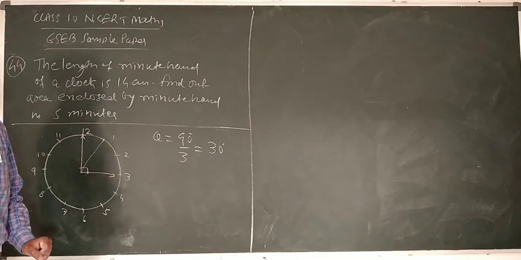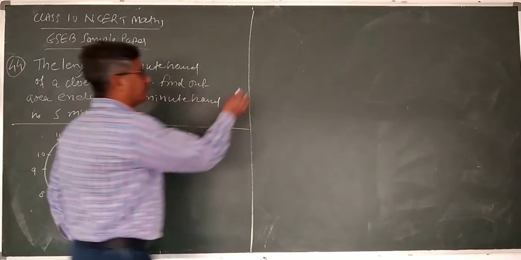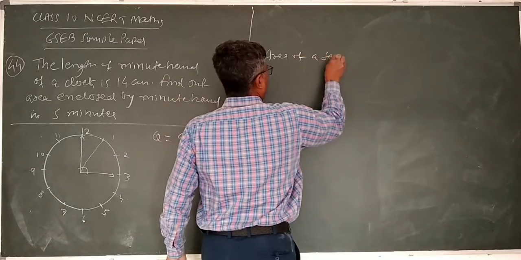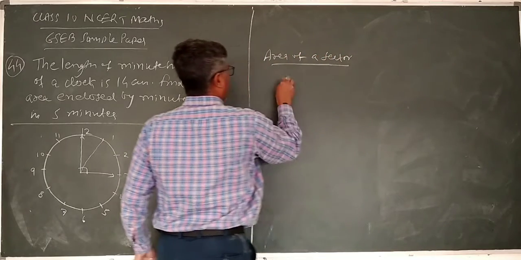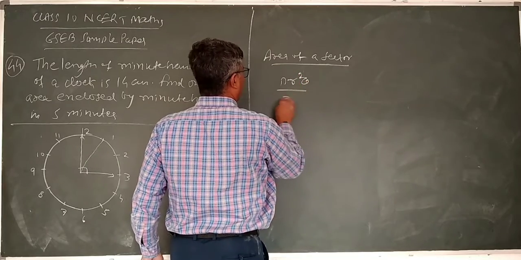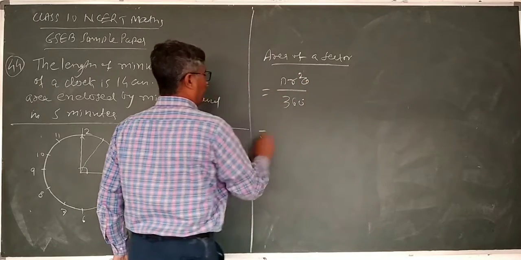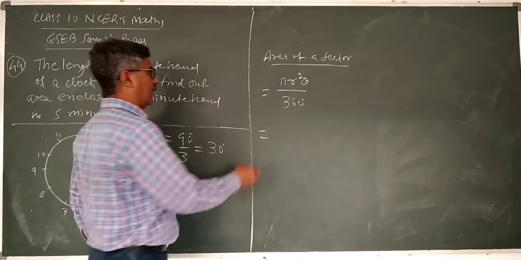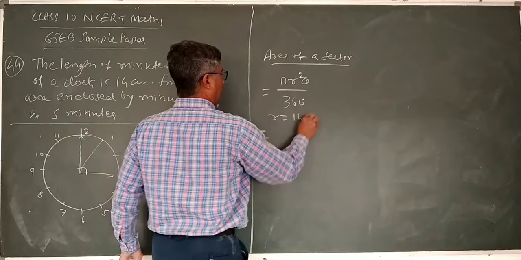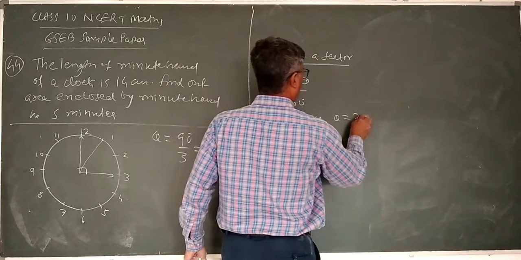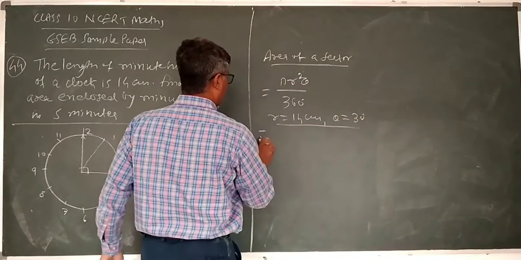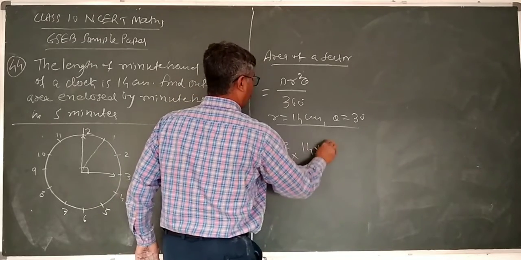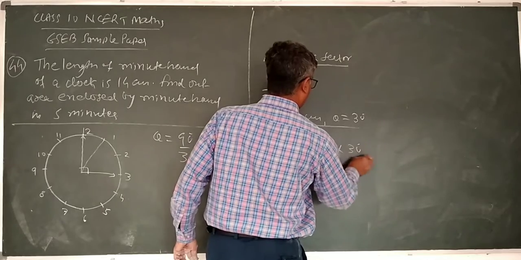Now we will use the area of sector formula: pi r squared theta upon 360 degrees. Now let us take r equal to 14 centimeters and theta equal to 30 degrees.